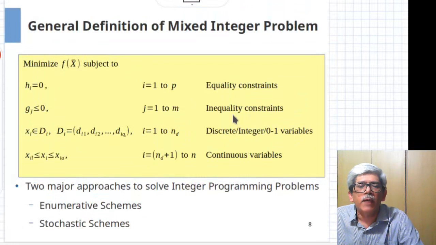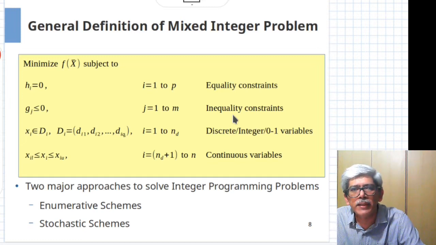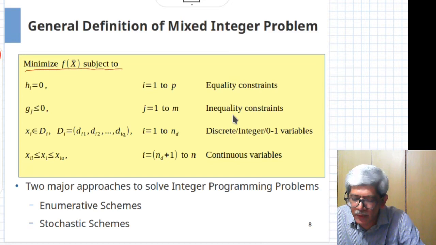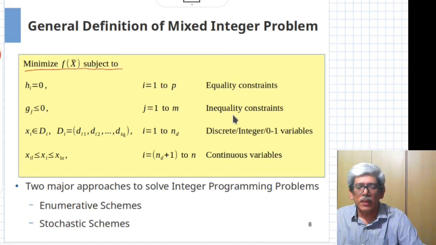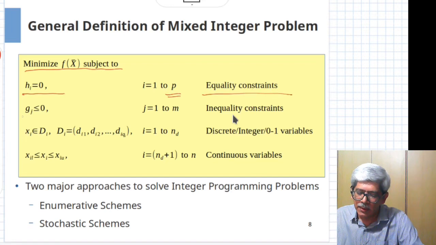In this slide, we have the definition of a generic problem which has both real valued and integer variables. So you want to minimize the value of f(x). The function has some equality constraints.